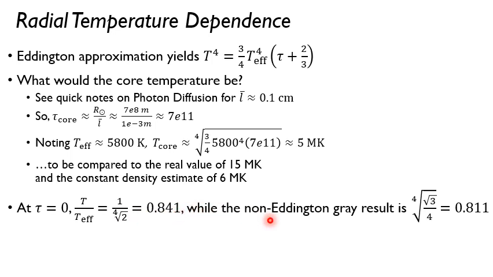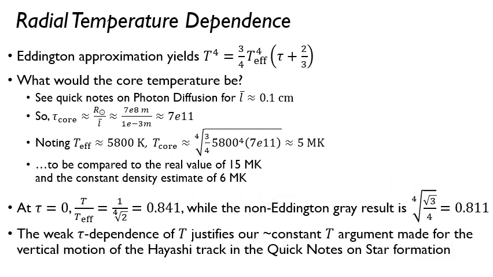If you don't make this Eddington approximation, which is the linearization of intensity in terms of cosine of theta, then the gray result that you get is more like the 4th root of the square root of 3 over 4, so 0.811. So both of these are gray atmosphere approximations, but one includes the Eddington approximation, and you can see that at least taking the Eddington approximation isn't that bad. I mean, we're talking like 10%, not too bad.